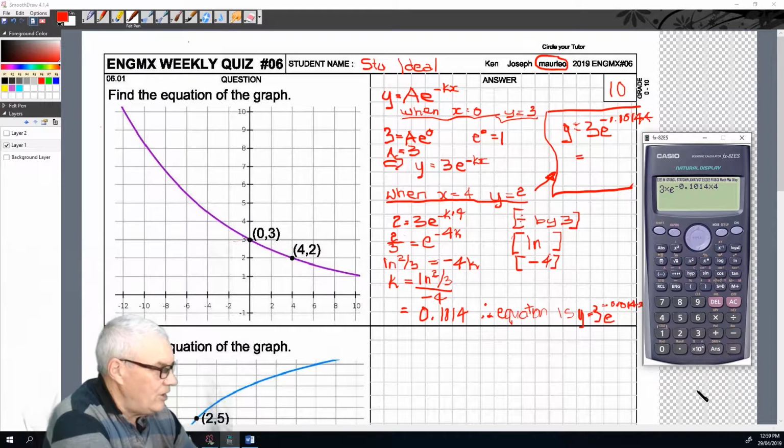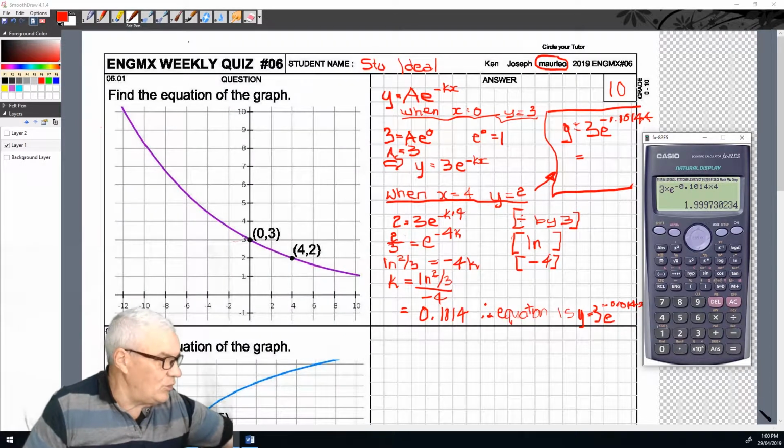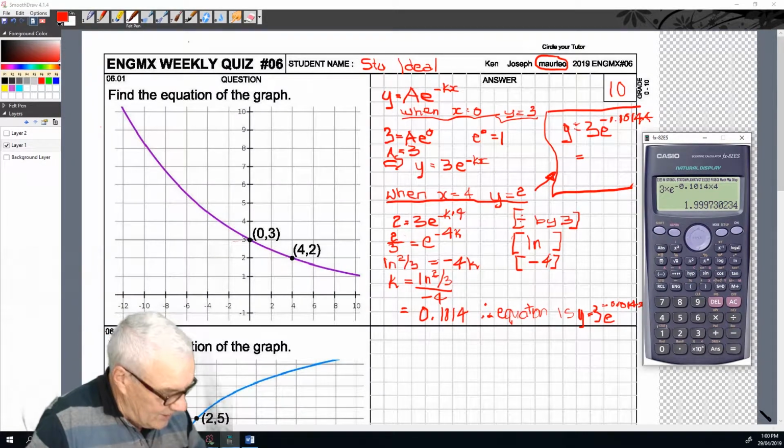So that should be equal to, what should it be equal to? It should be equal to 2. There you go, 1.9997. I'm pretty happy with that.